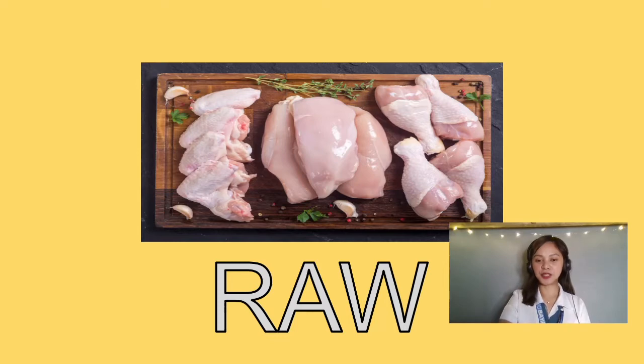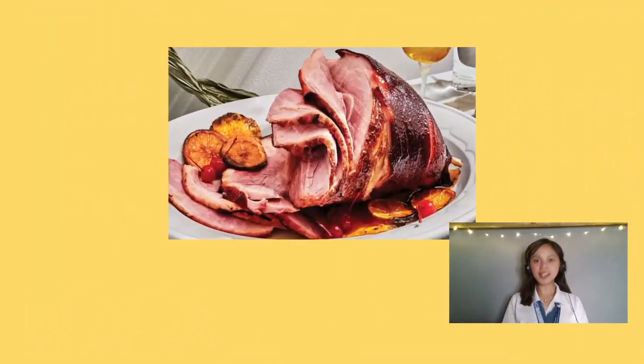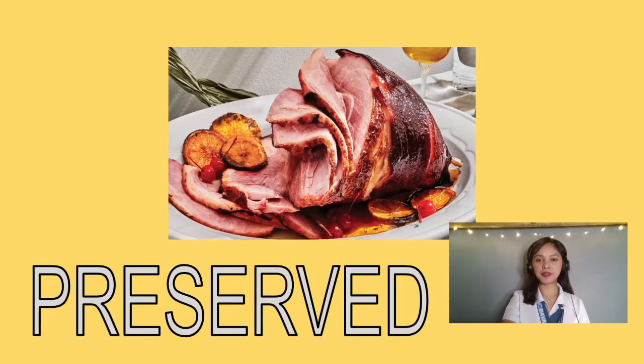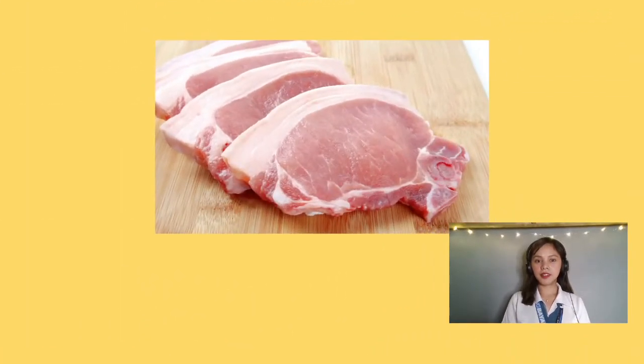Another picture. Raise your hand immediately. Press the raise hand button under your screen. Let's have some girls now. Yes, Amy? Let us check. She said it's preserved. Very good. These are ham. We call them preserved foods. Very good, Amy. Next is, yes, Bernadette.